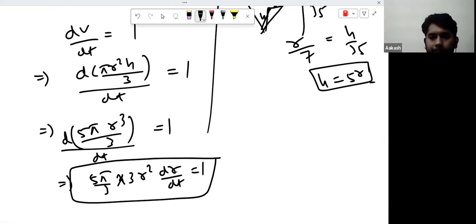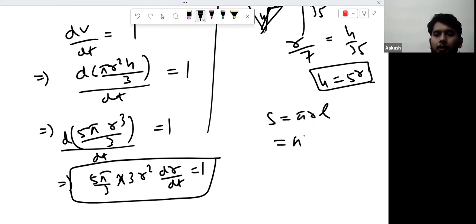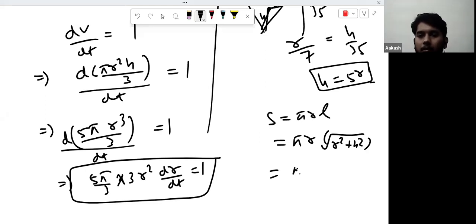All right. Now surface area is pi r l. L we know is root of r square plus h square, and h is 5r. So this is pi r, 5r square is 25r square, so this is root 26 r square.